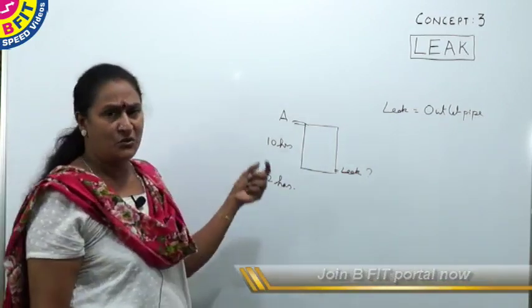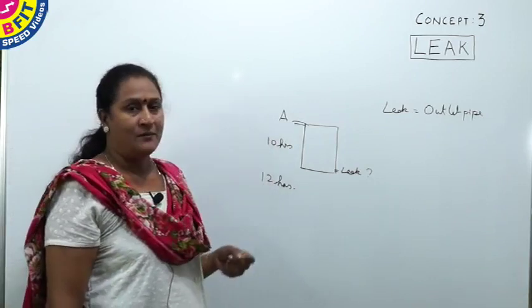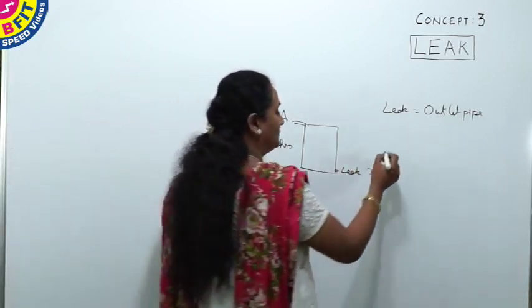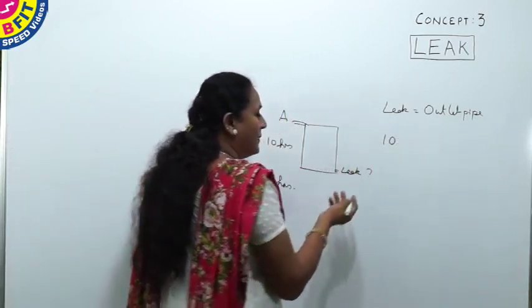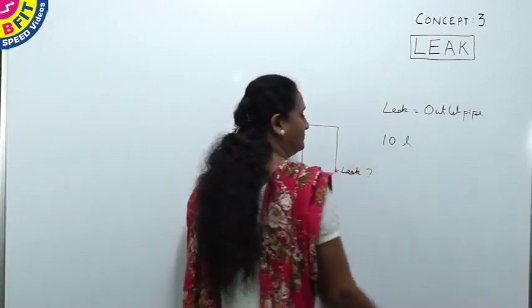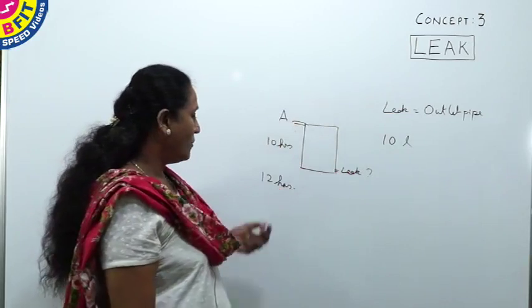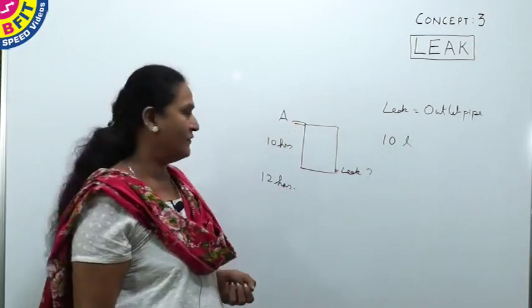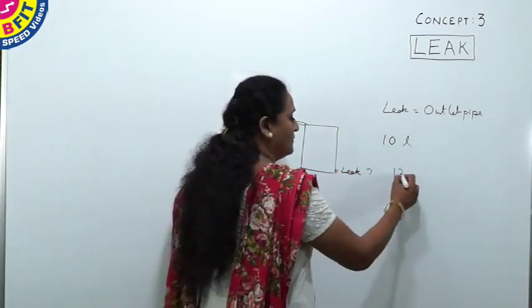Now what is the usual time taken by this pipe A to fill the tank? It is 10. Now the time taken by the leak is not known, so we'll take L. And now what is the total time? 12 hours. So the total time is 12 hours.